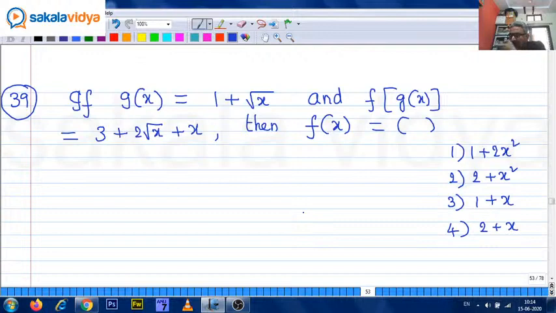This is the question. So now we need to define f of x.